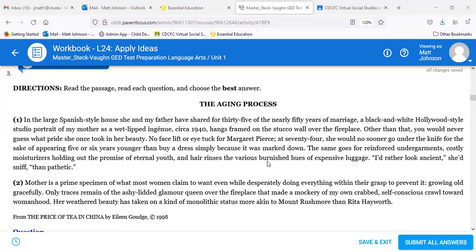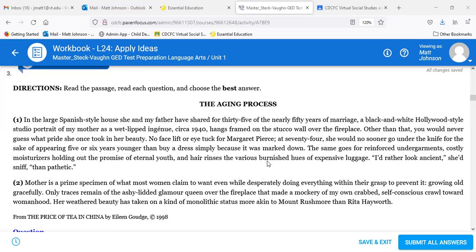Other than that, you could never guess what a bride she once was in her beauty. No facelift or Botox for Margaret.